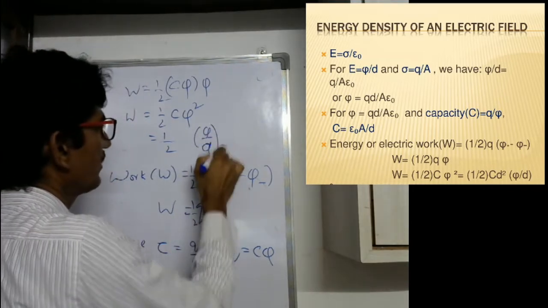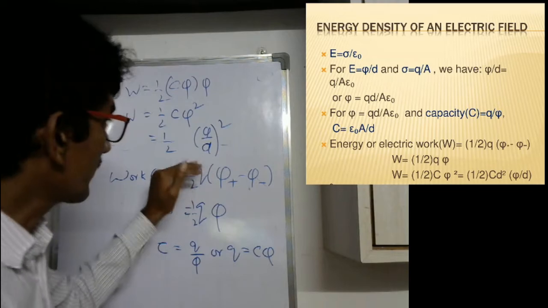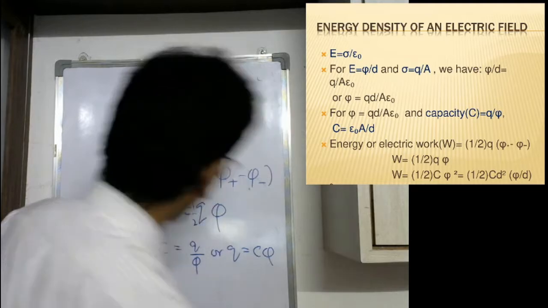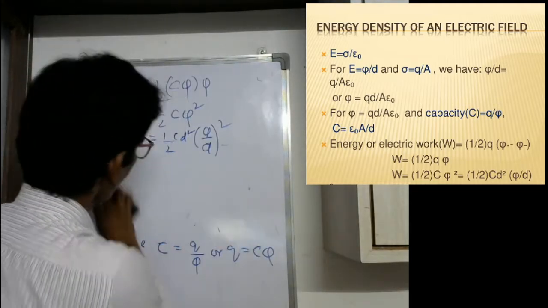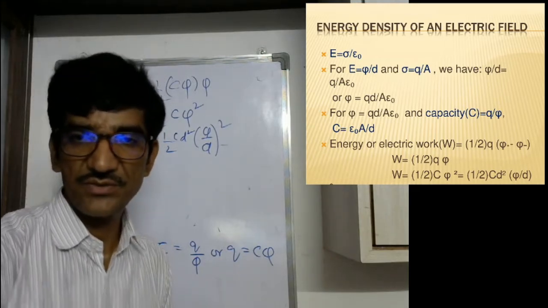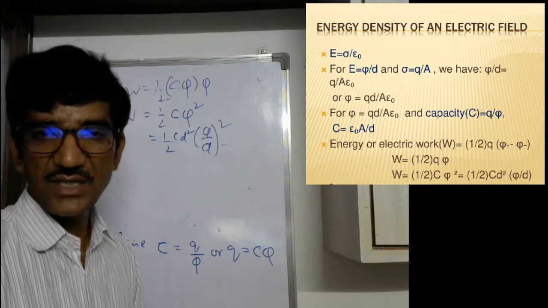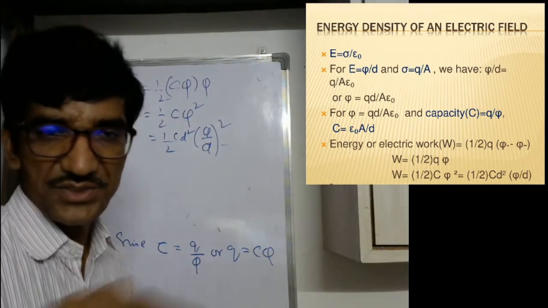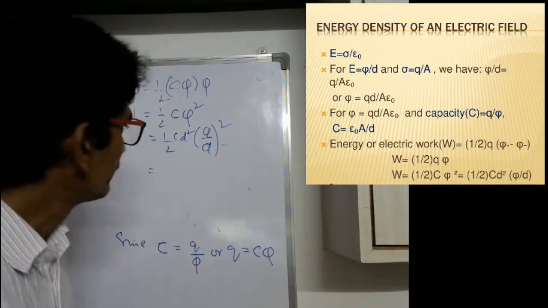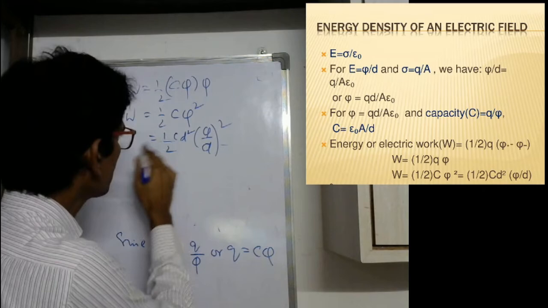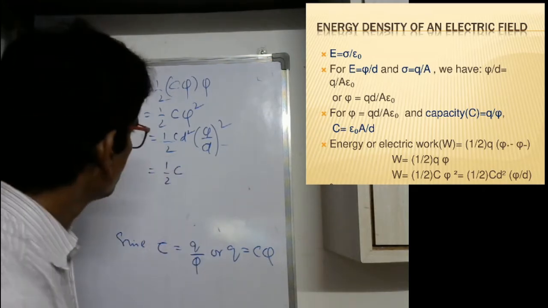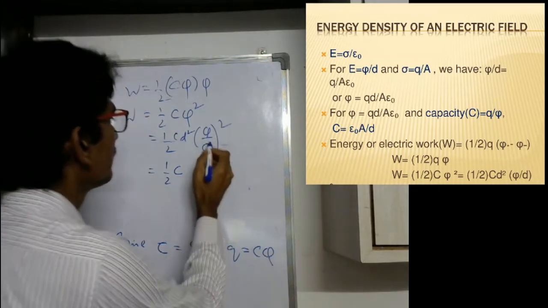Write it as phi by d whole square, which means I am dividing by d square, so again I will multiply by d square, without changing the value of the expression. In the slide also, you have phi by d whole square. Finally, you got W is equal to half of C d square into phi by d whole square.